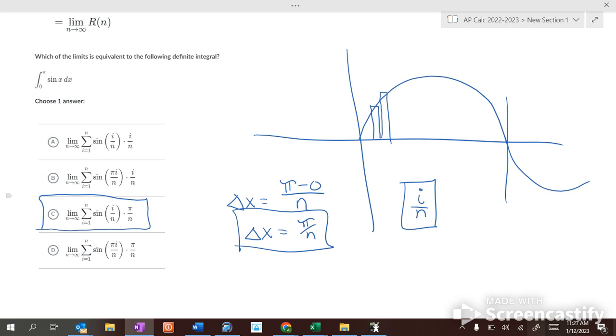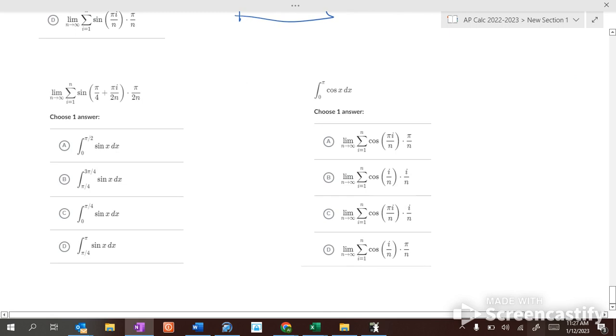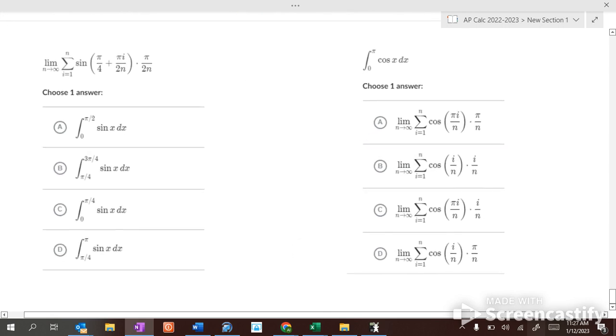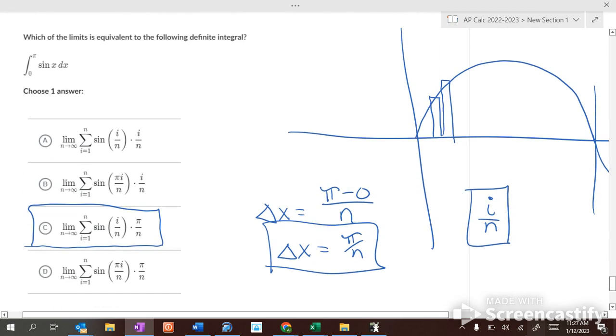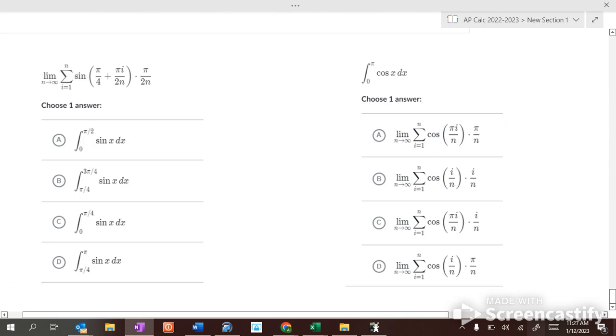Okay, all right, let's try one. So now we're working the other way, because we went from here to here. Now we're going to go backwards and say, well, which function is this? So this is our width, right?